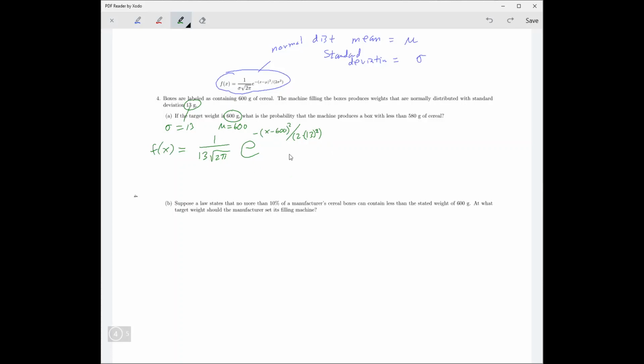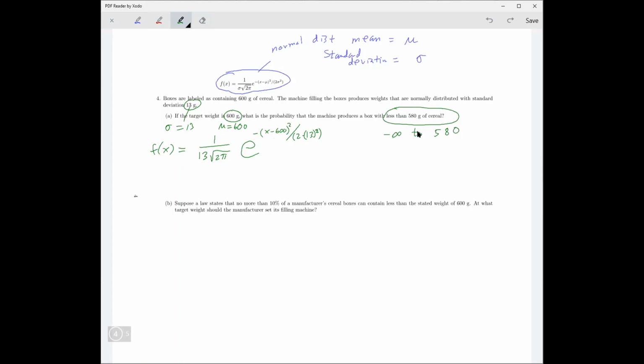Okay, so that's the distribution that we're talking about. And what's the probability that the machine produces a box with less than 580 grams of cereal? Okay, so this means negative infinity to 580.